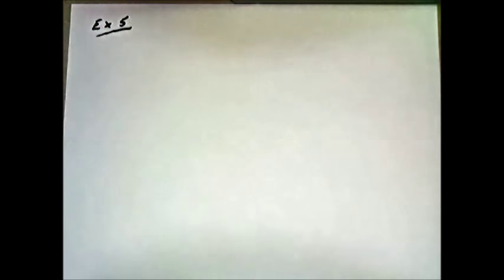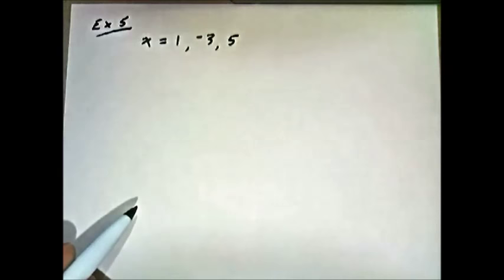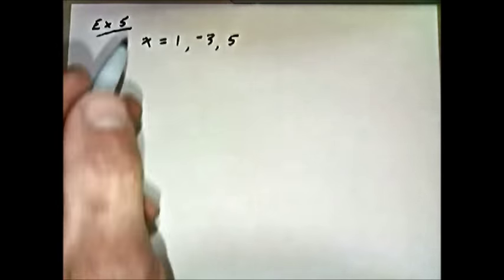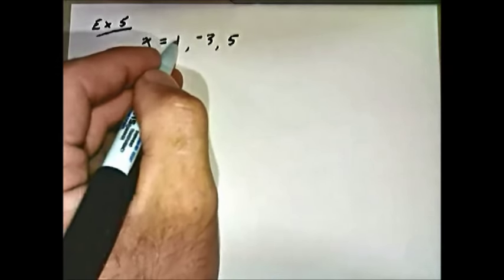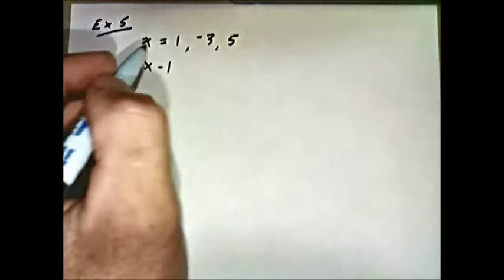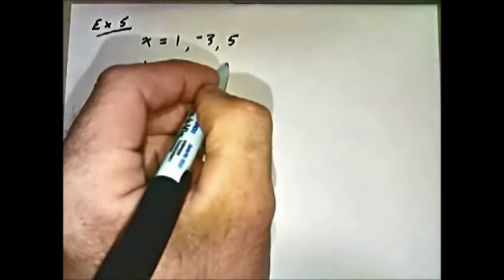Finally, in example 5, let's look at giving you the zeros. So let's give you x equals 1, negative 3, and 5, and ask you to write the polynomial that goes along with those. Well, if x equals 1 is a solution, then from doing this with quadratics, we know that x minus 1 equals 0 is a factor.